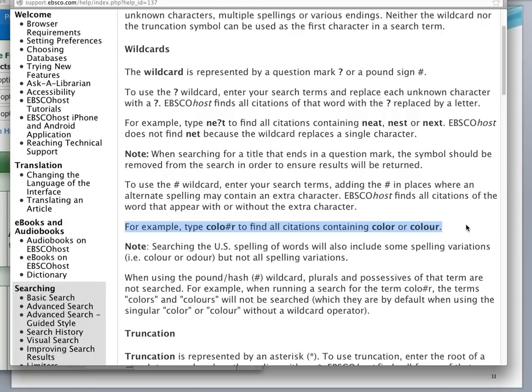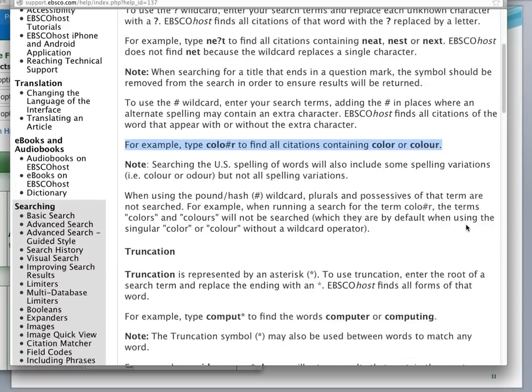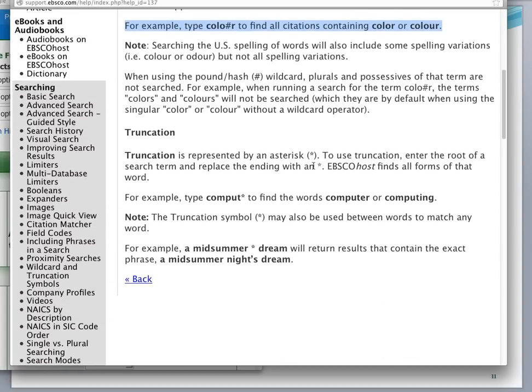So this is very interesting too. And for truncation, we use an asterisk. To use truncation, enter the root of a search term and replace the ending with an asterisk. For example, type compute and we put the asterisk here, to find the words computer or computing.